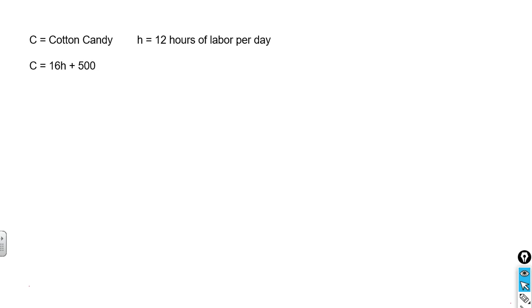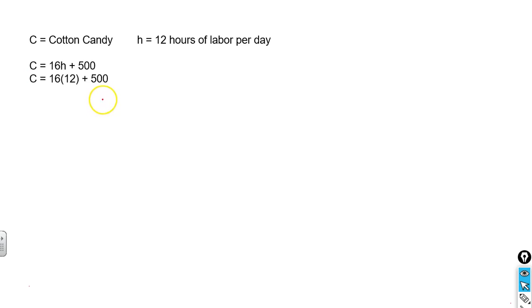Well, we know that the price per bag is $4, but we can't just substitute 4 in for our H, because that doesn't represent the price per bag. That represents hours of labor. And we can't substitute the $4 per bag in for C, because C represents the total cost to operate the cotton candy booth.